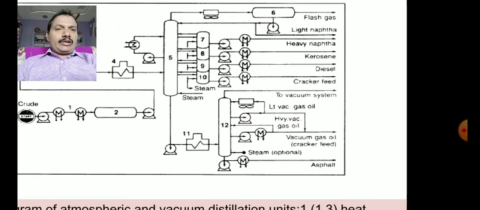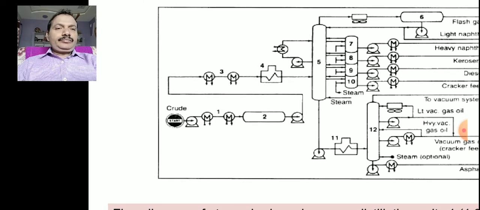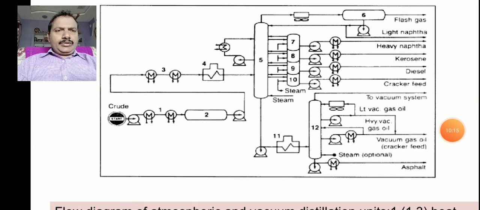If you observe, this is the crude oil we have. So this is the oil and natural gas industry in which the crude oil is taken as the raw material here.